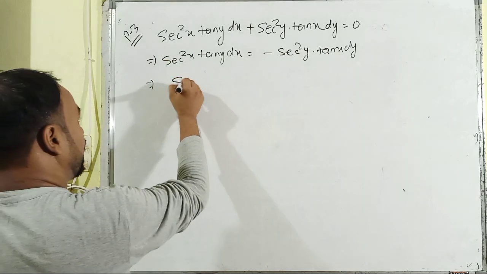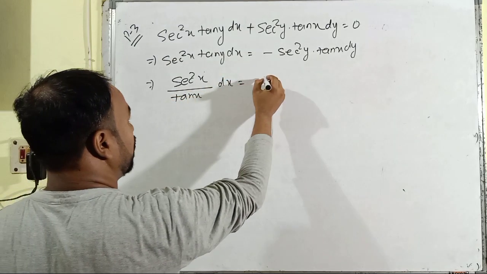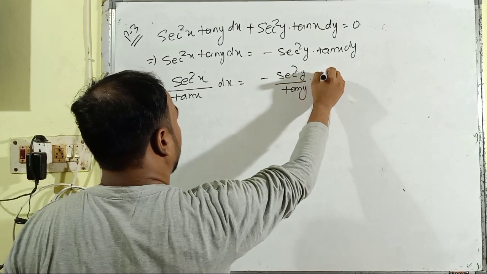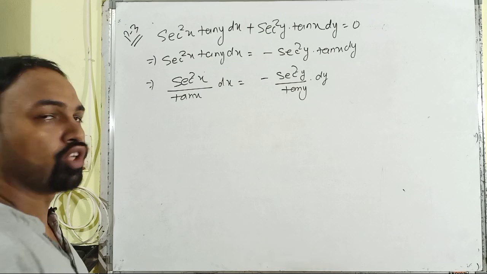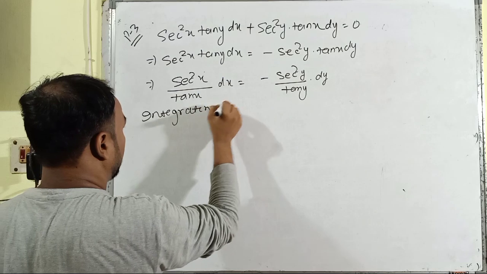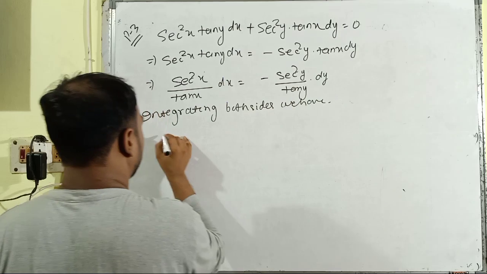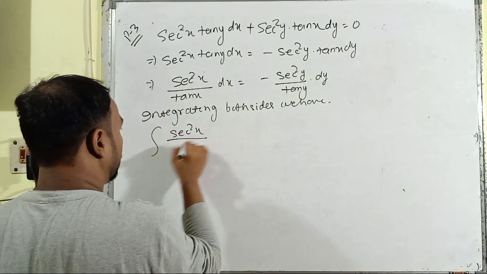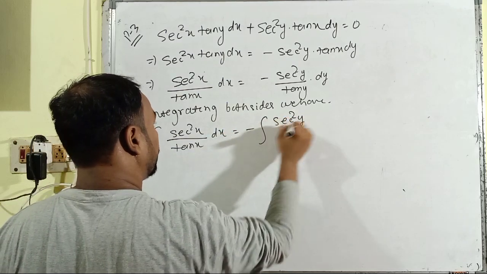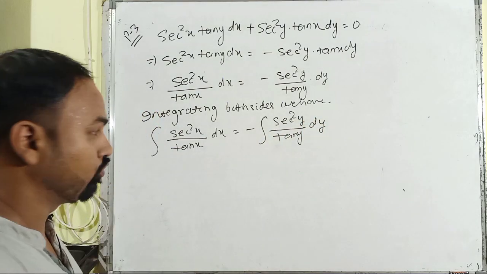So it will be sec square x divided by tan x dx, and it will be minus sec square y divided by tan y dy, and then we have to go for the integration of both sides. Integrating both sides, and then we have to use the substitution method.